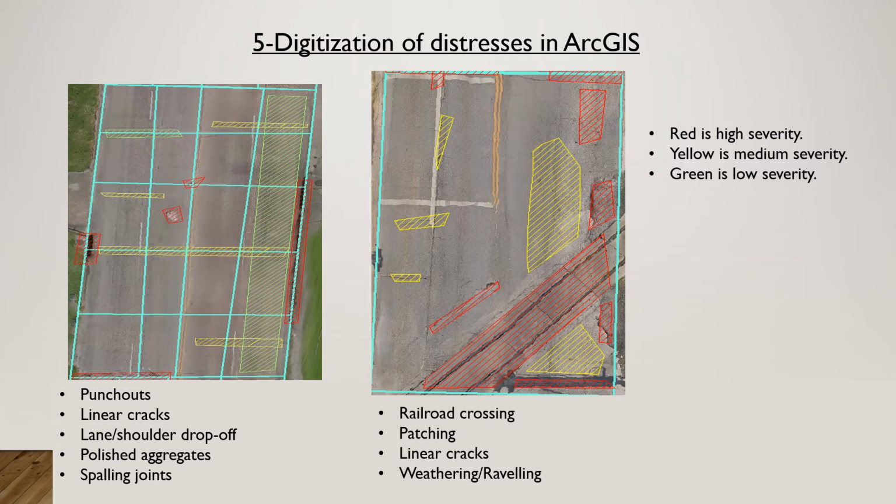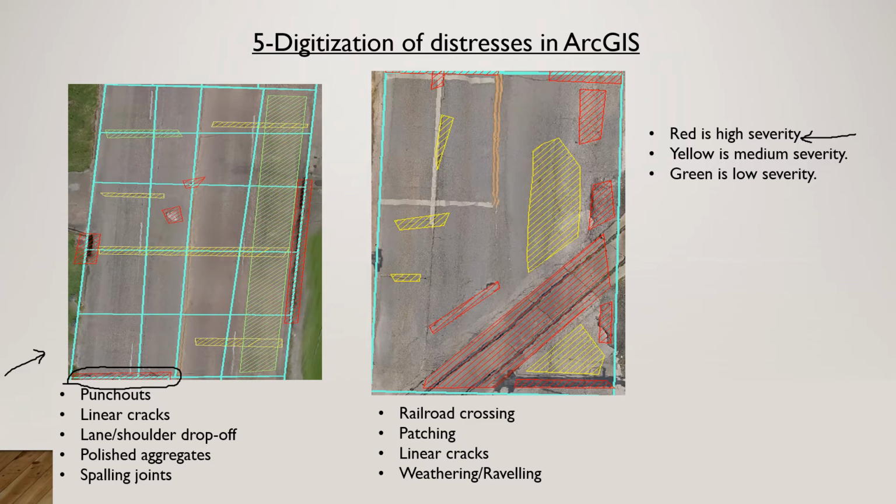So digitization of these distresses in ArcGIS means that we create polygons and lines over these distresses and cracks that are available in our sample. For example, here in the rigid pavement, this punch out is a rectangular polygon in red, and red means that it has a high severity depending on the ASTM.